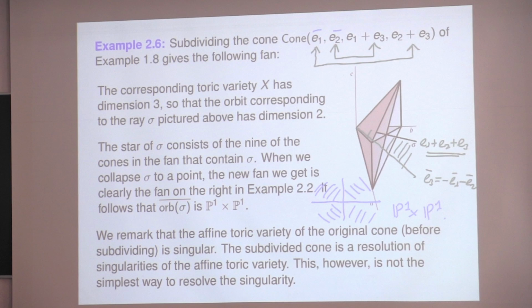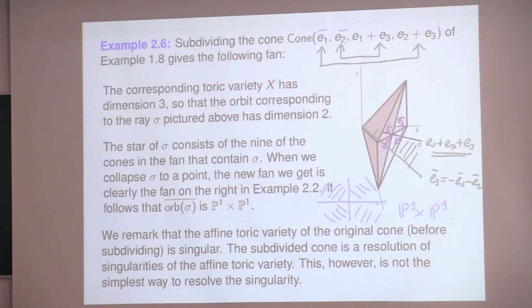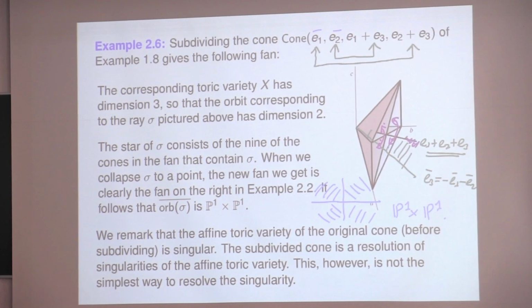What we are saying over here is that there was an easier way. I can just comment very briefly. If instead of taking these four extra cones over here, imagine that we put these two three-dimensional cones together, and these two-dimensional cones together, and then you don't need the ray sigma anymore. It's not doing anything at all.